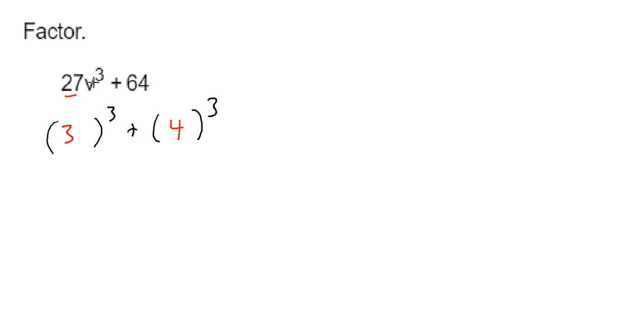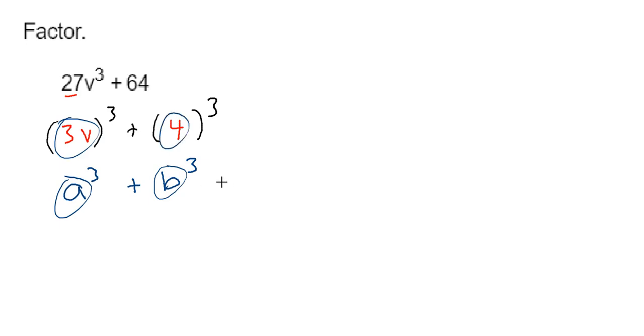And to get v to the third power, I need a v in the parentheses. V to the third power gives me v to the third power. And so this matches up to our formula, a to the third power minus b to the third power. But instead of a, I have 3v, and instead of b, I have a 4.